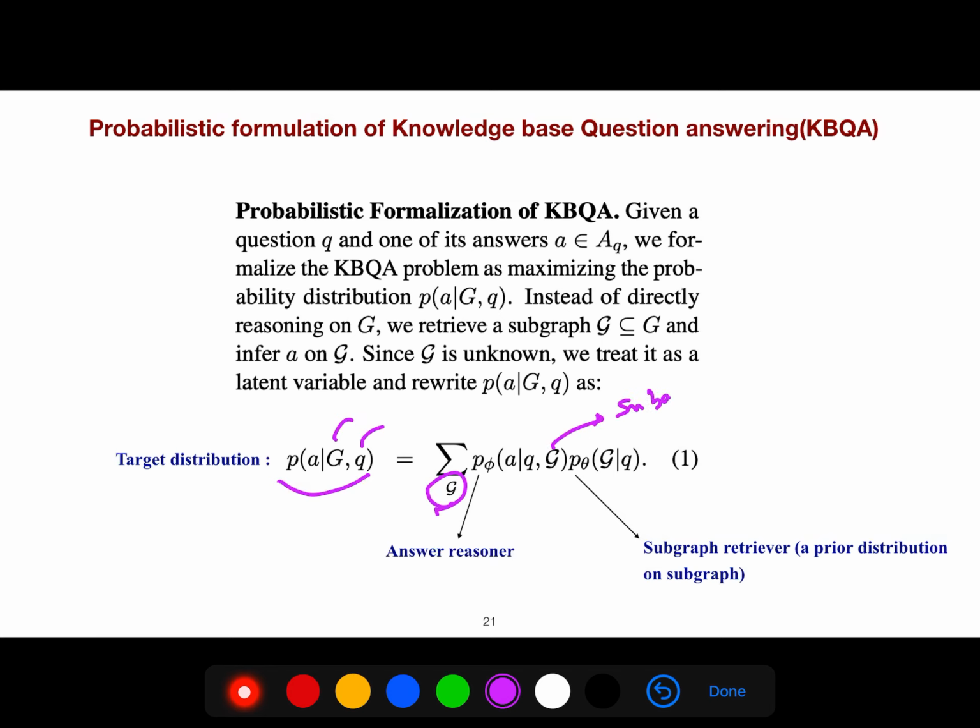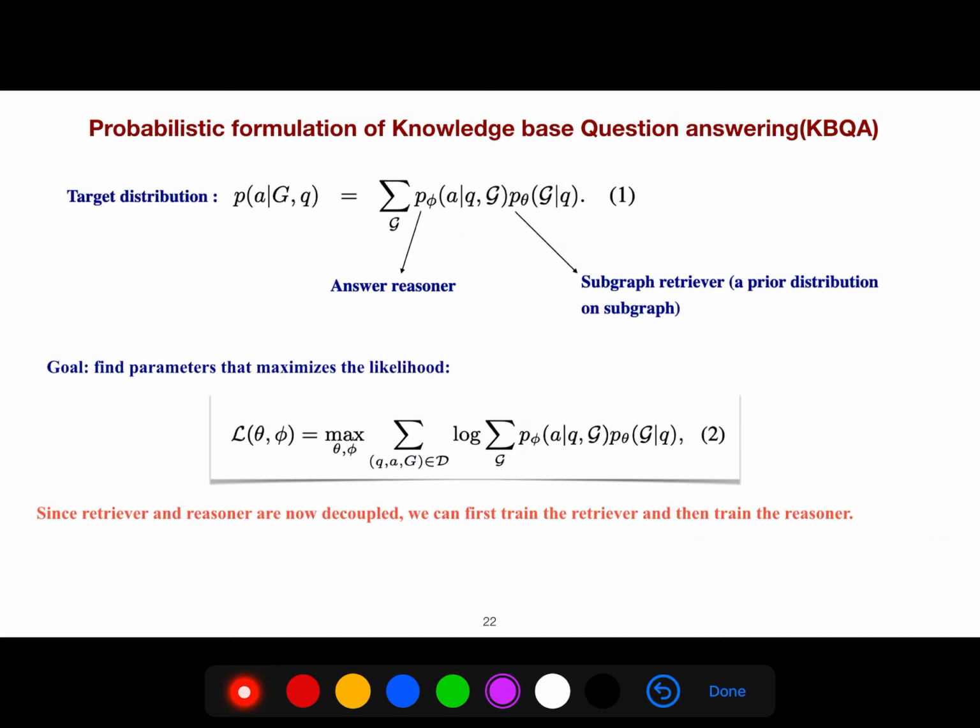These are subgraphs. I know you are feeling that this is combinatorially expensive, but you will see that we can do such summation. And then, so we decouple that. This is decoupling. We find parameters theta and phi. Theta is for your subgraph retriever, and phi are the parameters that you should learn for the reasoner.